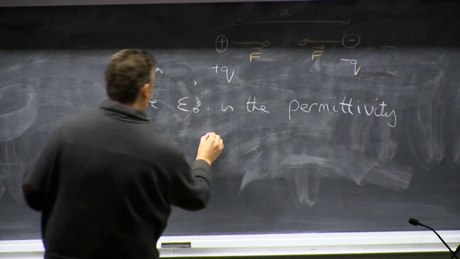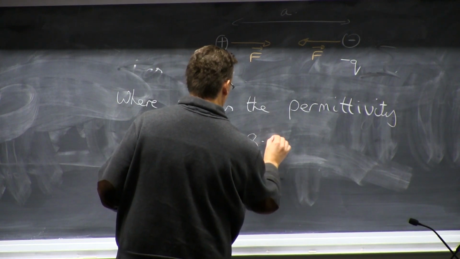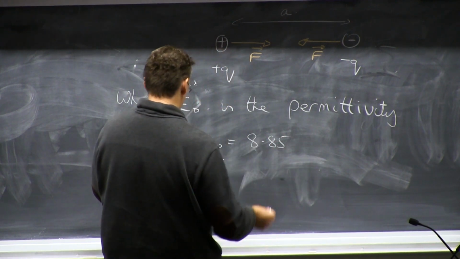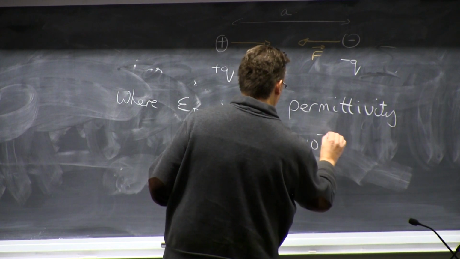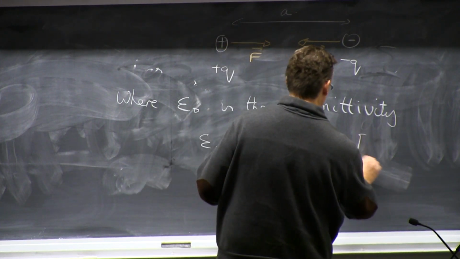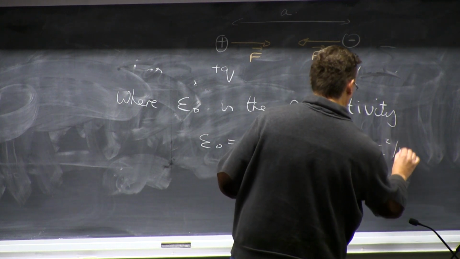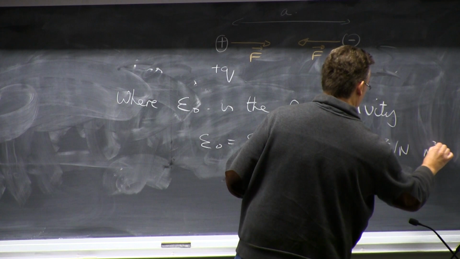And epsilon naught is 8.85 times 10 to the minus 12, and it's got units of coulomb squared per newton meters squared.